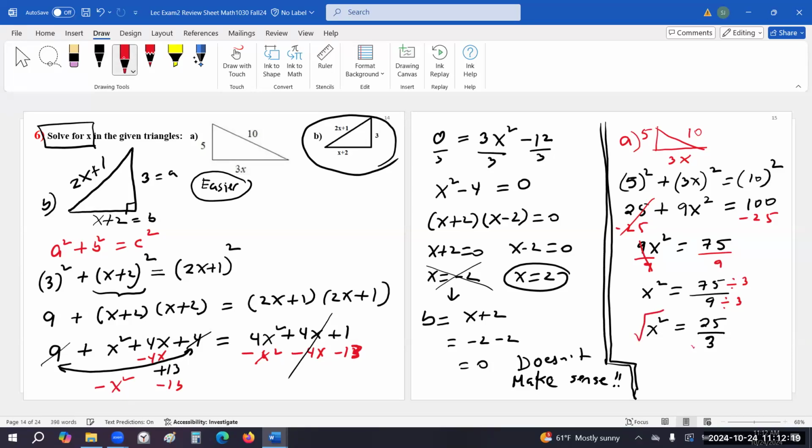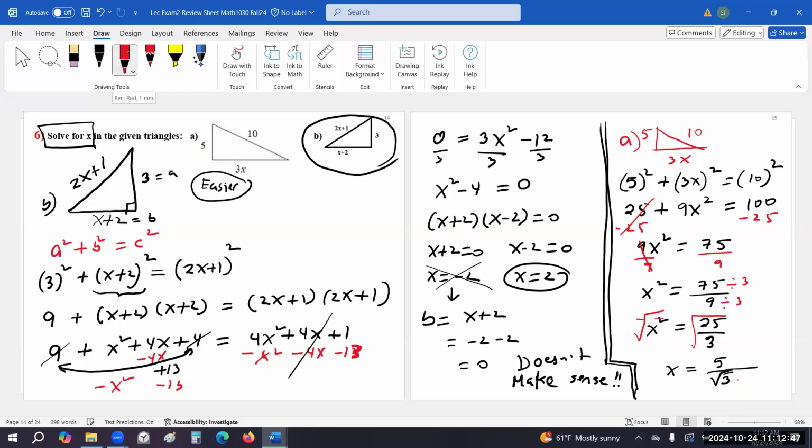Now the final step is taking the square root. What is the square root of 25? And the square root of 3, we have no idea. But we cannot leave it alone, because we don't want the square root in the denominator.